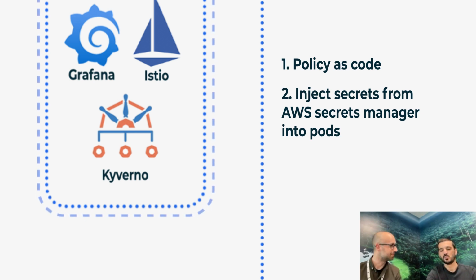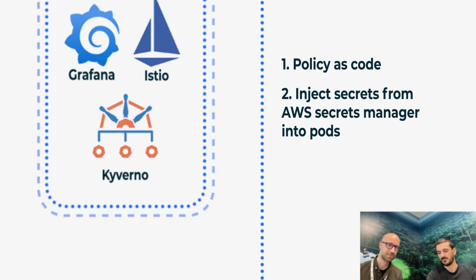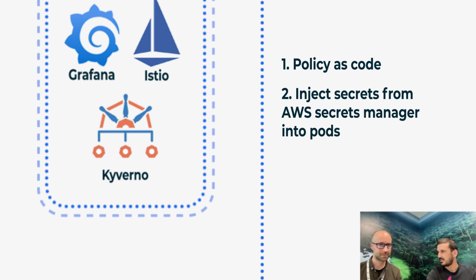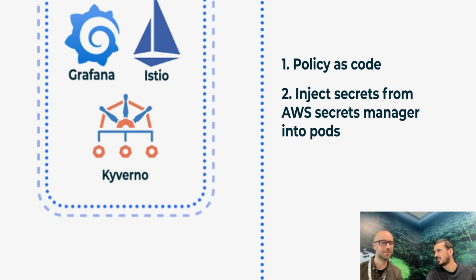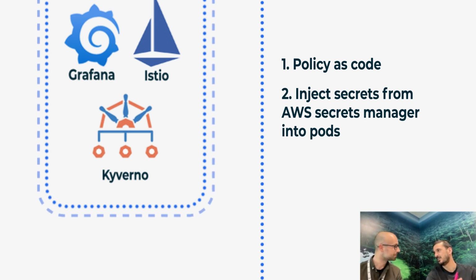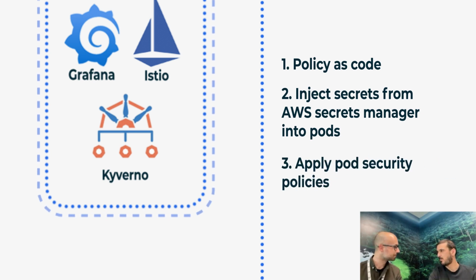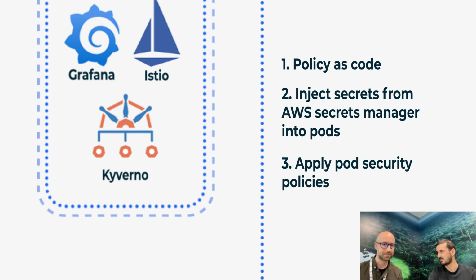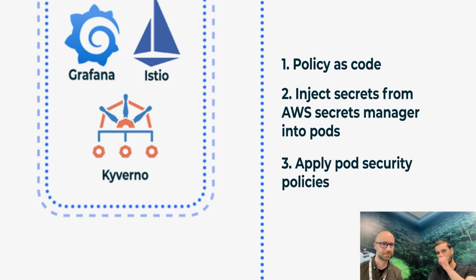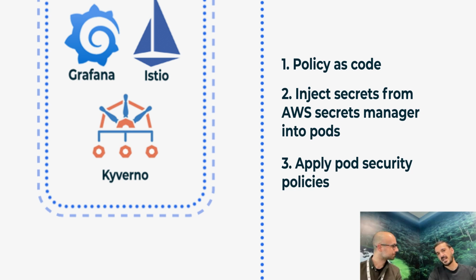Whenever the secrets are updated in ASM, within intervals, these secrets would automatically be injected in the pods, and the pods would obviously restart. So that's one way, and another way is you can apply pod security policies, like baseline and restricted policies, which help you secure your applications, like your pods and your services. So that's how Kyverno is used.